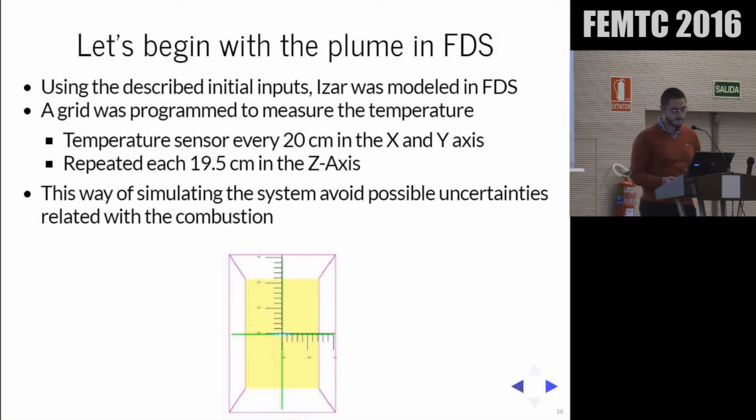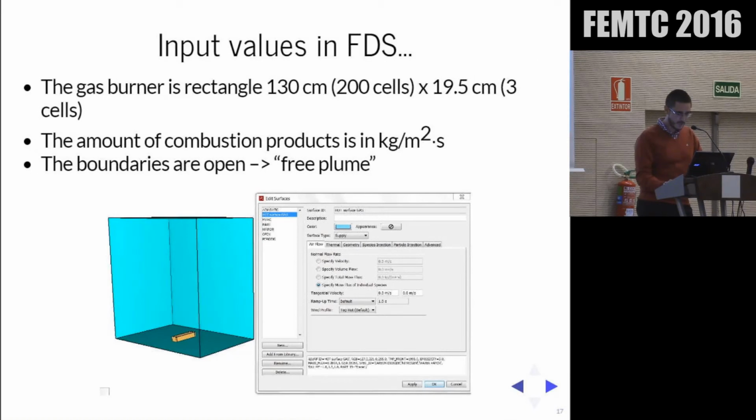That was also a positive point of modeling the system this way. Using the previously described 6.5 centimeter grid size, we had a surface of 1.3 meters by around 20 centimeters, so 19.5 centimeters.